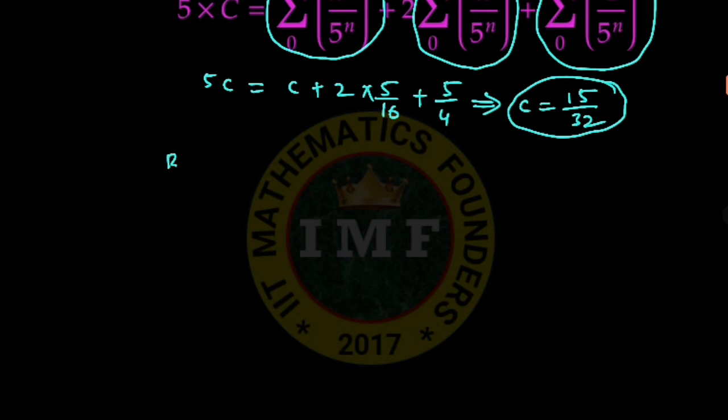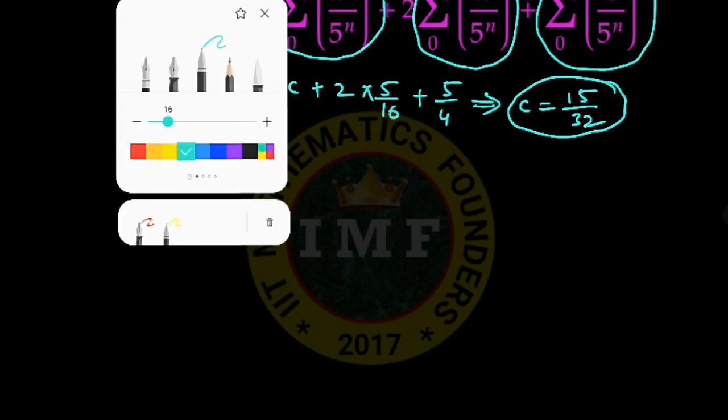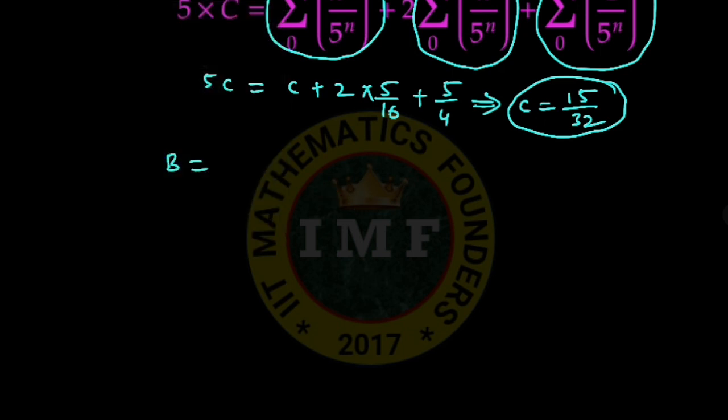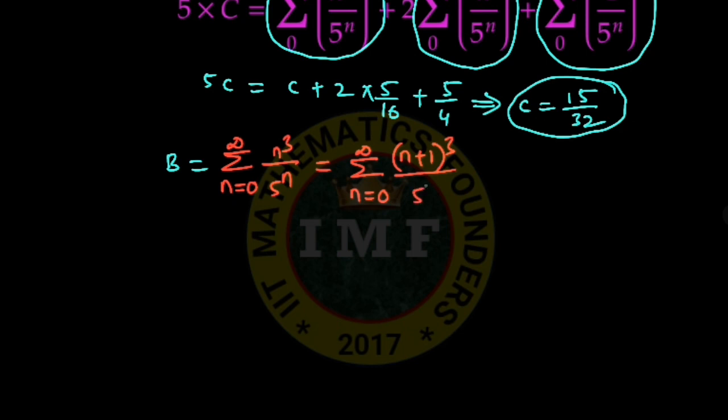Now B equals, let me take some other color, okay, I will take red. B equals sigma n equals 0 to infinity of n cubed by 5 to the power n, that is sigma n equals 0 to infinity of (n plus 1) whole cube by 5 to the power n plus 1.